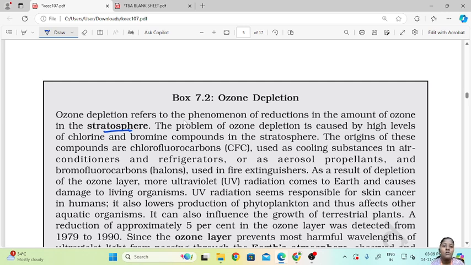The problem of ozone depletion is caused by chlorine and bromine compounds. The origin of these compounds are CFCs, that is chlorofluorocarbons, which are used as cooling substances in air conditioners and refrigerators, or as aerosol propellants, and halons. Bromofluorocarbons are used in fire extinguishers.